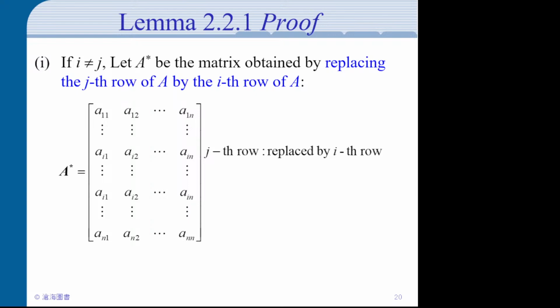So i not equal to j, then we just replace the jth row by the ith row. So say i is here, so we replace the jth row with the ith row. So we have a different matrix A star here.